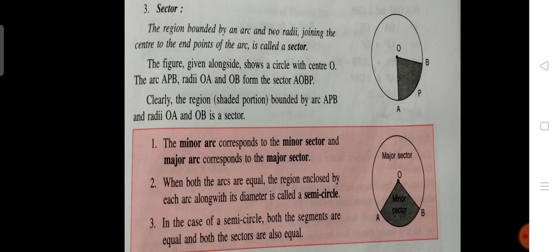Then different kinds of circles: concentric circles, equal circles, inscribed circle, and circumscribed circle, and the major parts of a circle: arc, segment, and sector. Please write these definitions in your notebook and try to understand these terms.